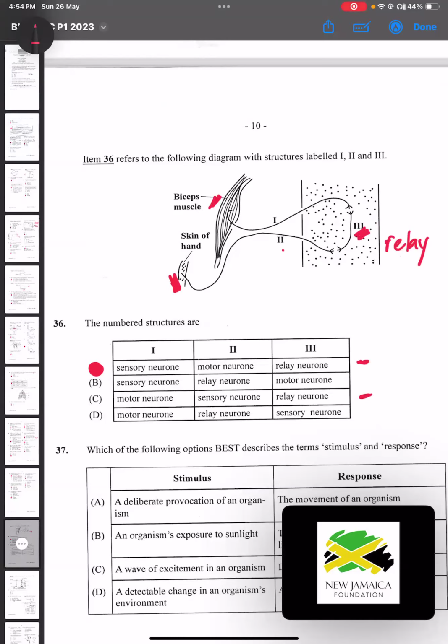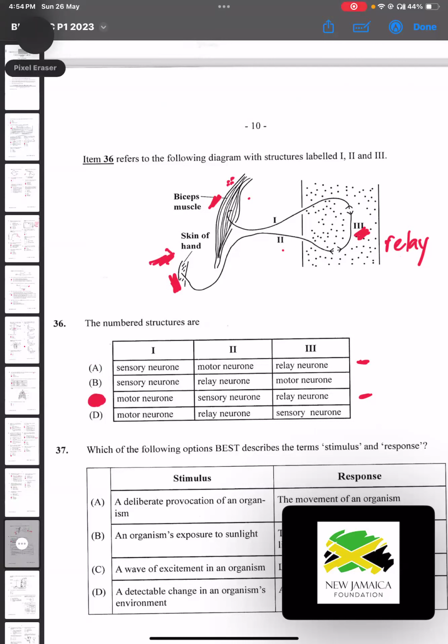And then your motor neuron, that is usually attached to an effector that is going to carry out some movement. And your sensory neuron would be in the area that is detecting whatever stimulus is there. So it is between A and C. It caught me as well. I had A on my answer sheet, but now that I'm looking at the question again, it seems like C would be your answer.